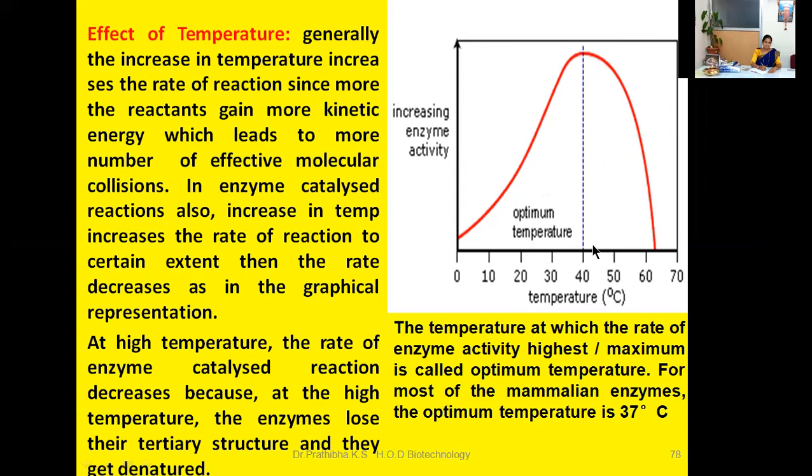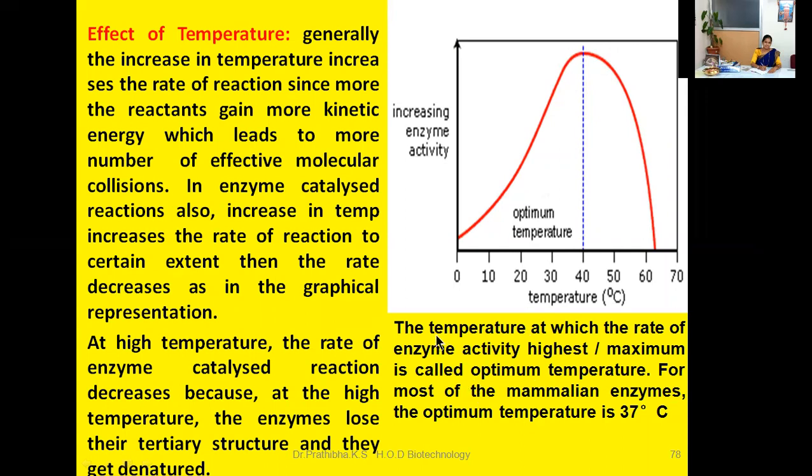Most enzymes survive in a particular temperature range, and if the temperature exceeds it, they may undergo denaturation where they lose their native configuration or three-dimensional configuration. The temperature at which the rate of enzyme activity is highest or maximum is called optimum temperature, or OT.